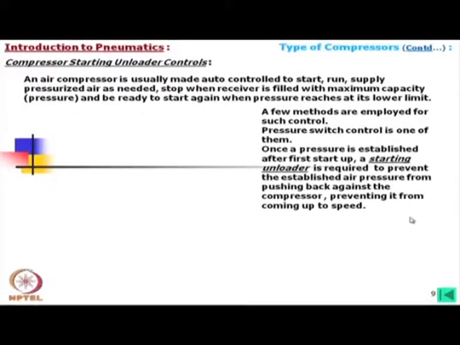Once a pressure is established after first startup, a starting unloader, look at this term, it is called starting unloader, is required to prevent the established air pressure from pushing back against the compressor, preventing it from coming up to speed.